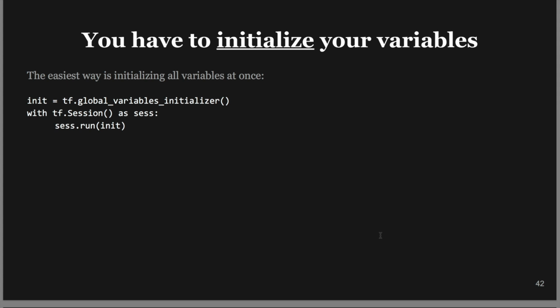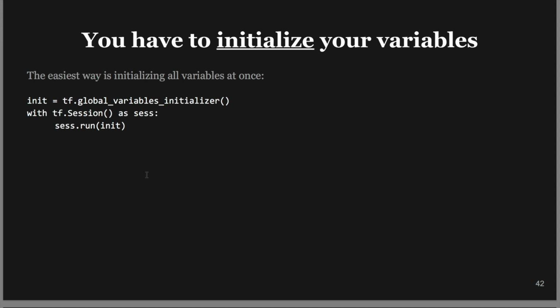One very important thing with TensorFlow is that you have to initialize your variables. You just cannot do anything with the variables unless you initialize them. So the best and the easiest and the most common way of doing that is just using this construct out there. You define an init op, tf.global_variables_initializer, and you instantiate a session and call session.run init.